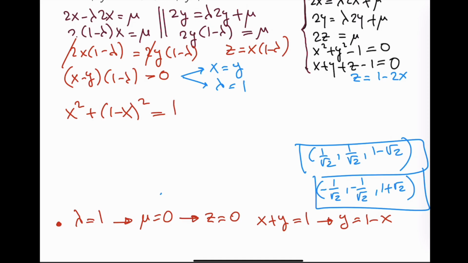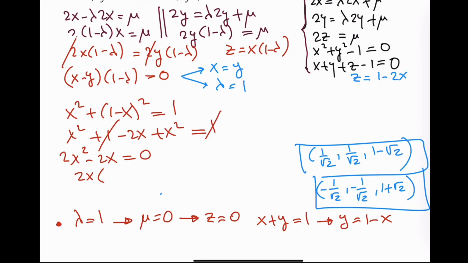So we do the operations here, we get x squared plus 1 minus 2x plus x squared is equal to 1. So the 1's cancel, and we get 2x squared minus 2x equals 0. So that means 2x times (x minus 1) equals 0.